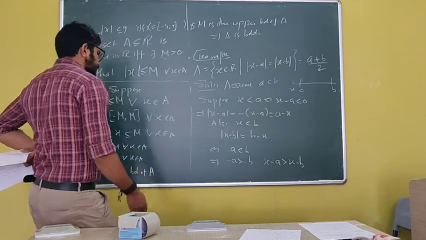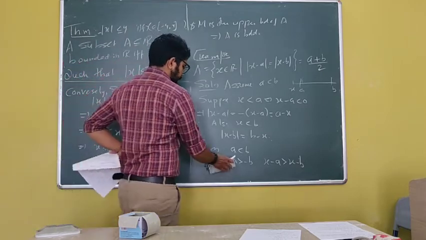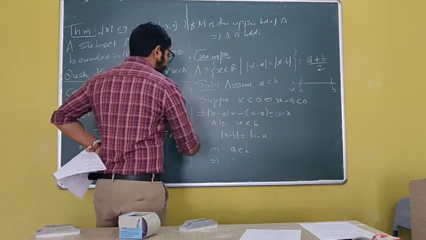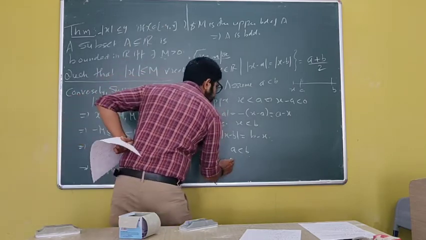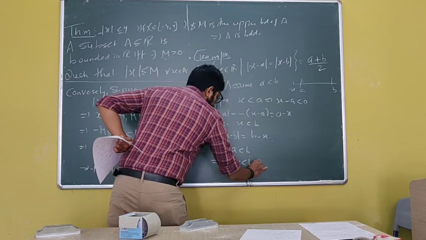We could have just added minus x on both sides instead. So if I add minus x on both sides, what do I get? a minus x would be less than b minus x.